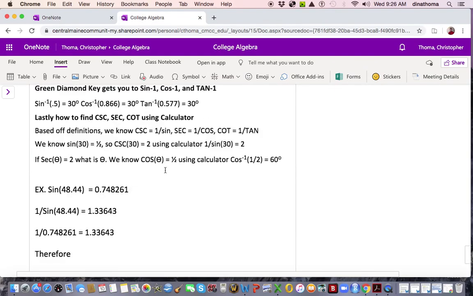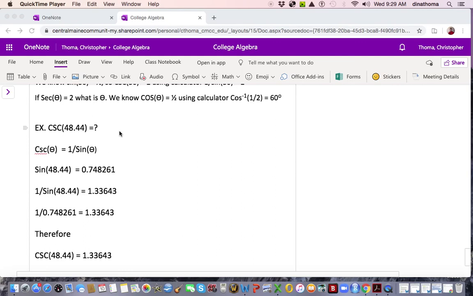All right. Okay, so what if we have to find something, say the cosecant of 48.44? Well, cosecant is not in your calculator. So if I take the cosecant of theta, remember cosecant of theta is the same as 1 over the sine of theta. So theta is the same angle.